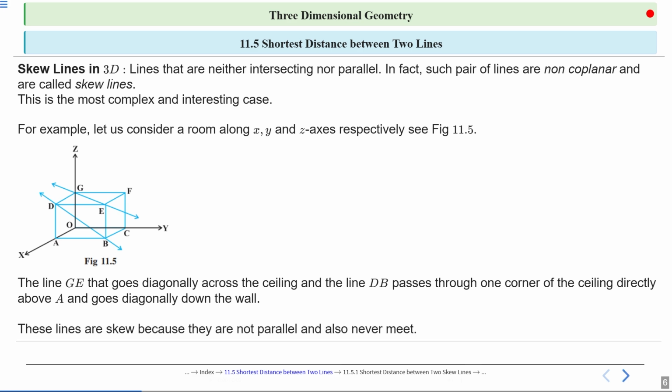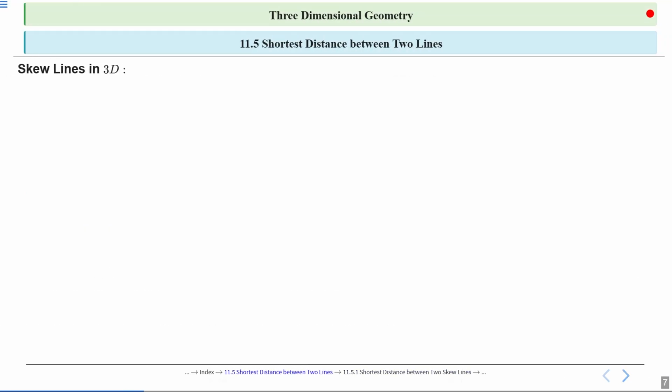So these lines are skew because they are not parallel and they never meet, no matter how far you extend them. So skew lines are lines that do not intersect and are not parallel, okay?